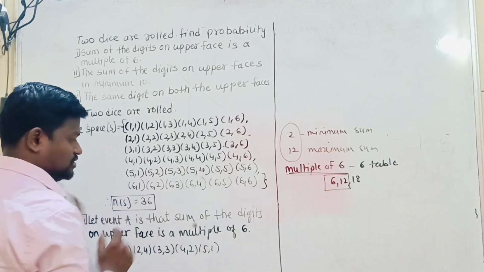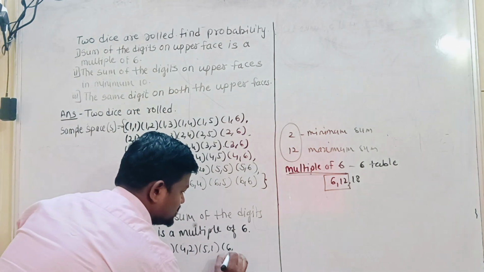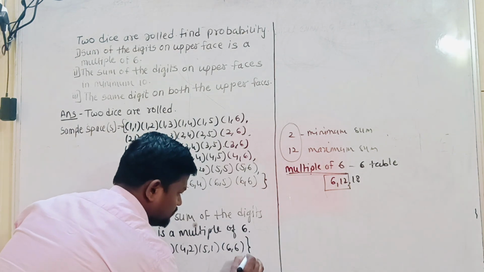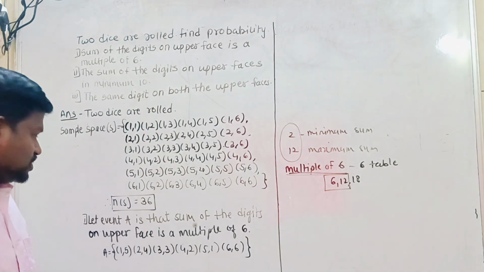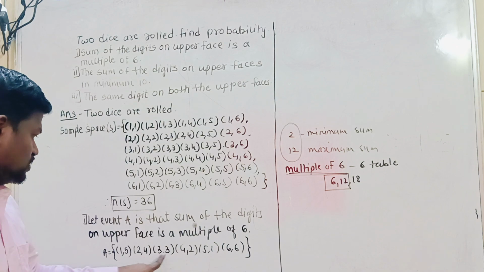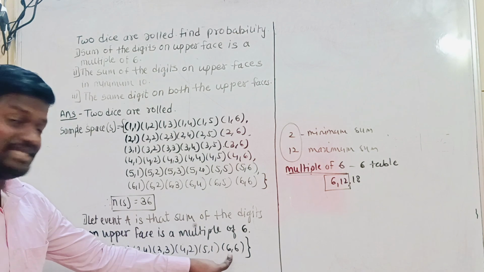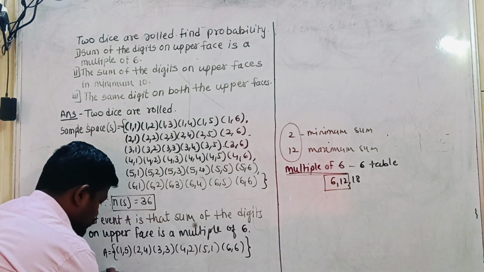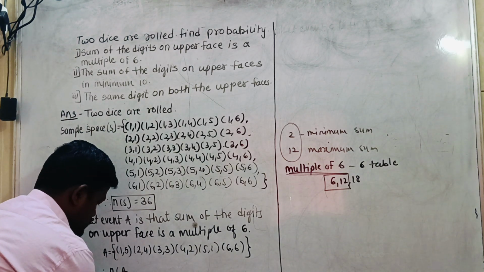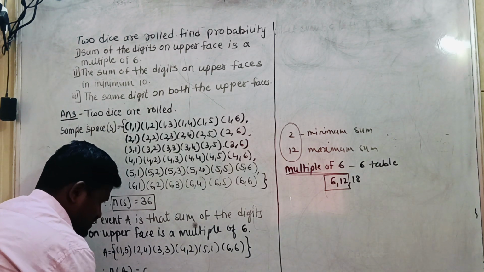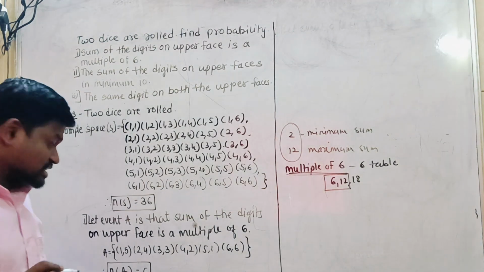So 12 is in 6 table. So 6 6. So this is our final. So count, 1 2 3 4 5 6. We have 6 sample points. So number of A is 6.